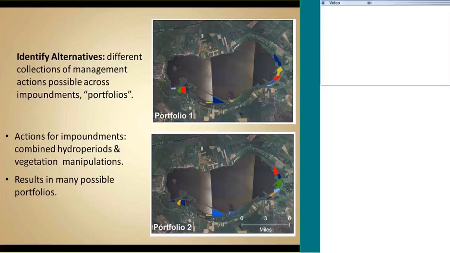There are many different possible portfolios when you combine the various 7 hydro periods and 3 vegetation manipulations. So just here in the picture are 2 possibilities of 2 different portfolios for applying management actions to those 14 units. Different colors just reference the combination of a hydro period and a vegetation manipulation. See how it starts to get complex real fast.